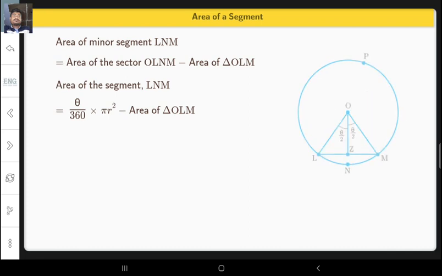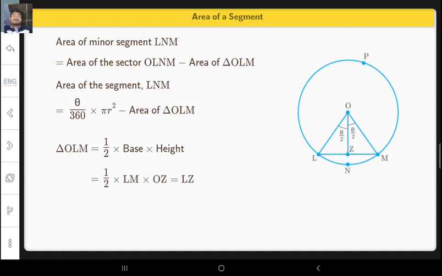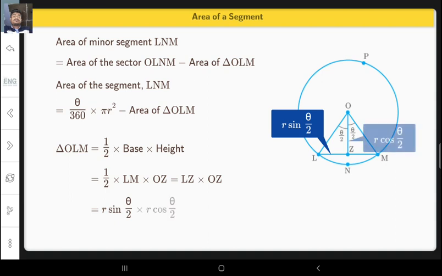To find the area of the triangle, we can multiply half of its base with its height. This can be written as half of LM into OZ or LZ into OZ. If we consider the right-angled triangle OLZ, we can see that LZ can be written as r sine theta by 2 and OZ as r cos theta by 2.